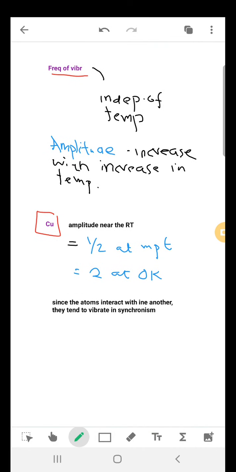And that means they have something called wave motion.